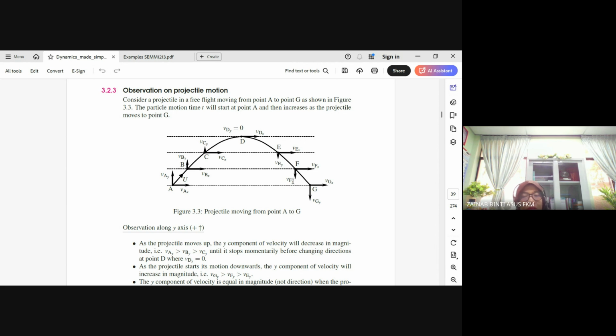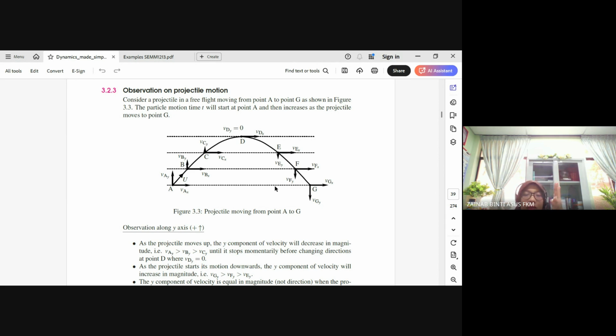At F it is longer, and then at VGY, let's say G is at the same level as A, you will see that this VGY has the same magnitude as VAY, but in the opposite direction.